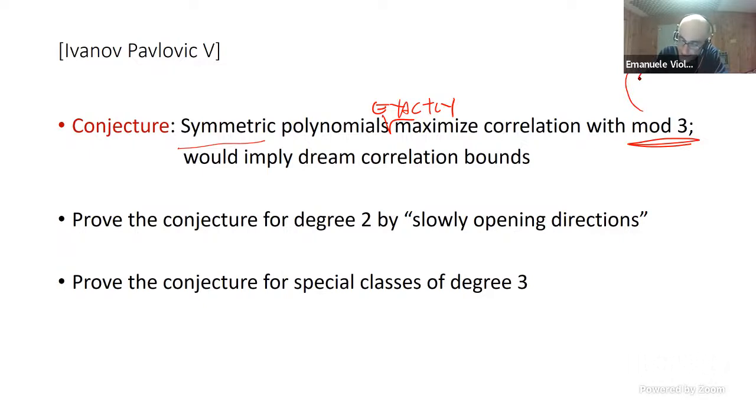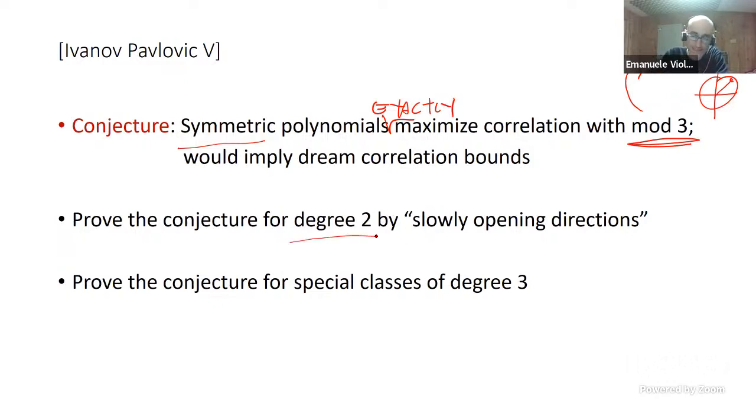So you can take any complex number z, and you can raise it to the sum of the xi's. So z is just any complex number on the unit circle. So mod3 is a special case of this, but we conjecture this for any such function, and we actually prove it in the case of degree 2.